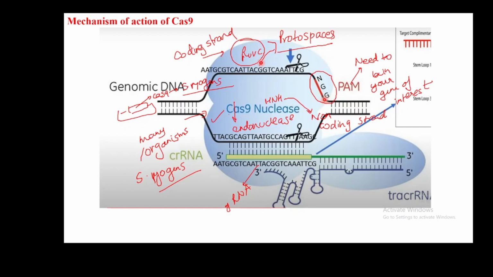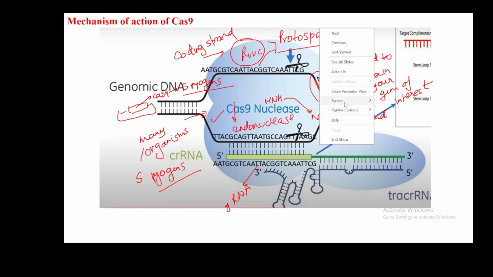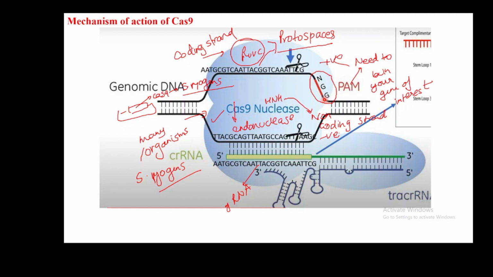And again, one is the RuvC domain, one is the HNH domain. The RuvC domain will cut the coding strand, and the HNH domain will cut the non-coding strand. Coding strand is basically the positive strand, and the non-coding strand is the negative strand. So this is some basic terminology.